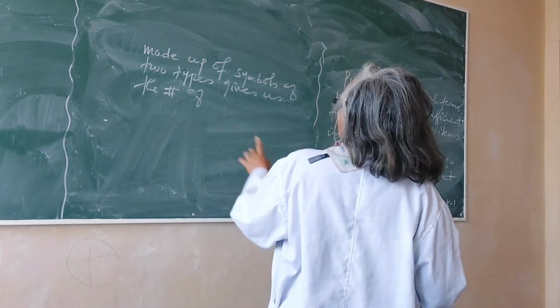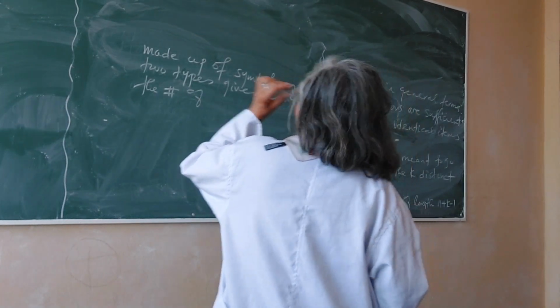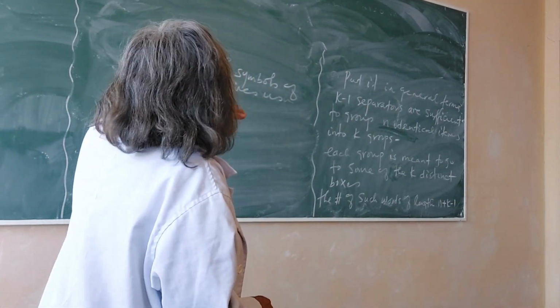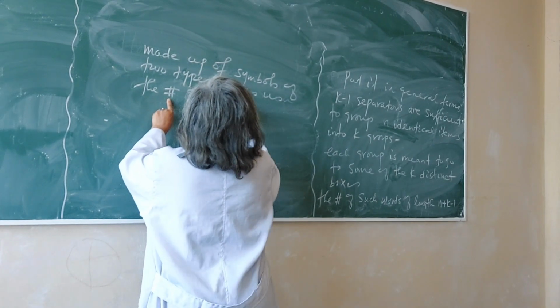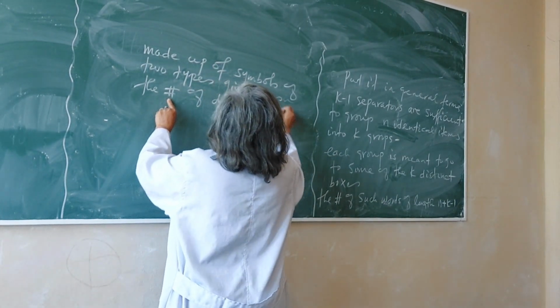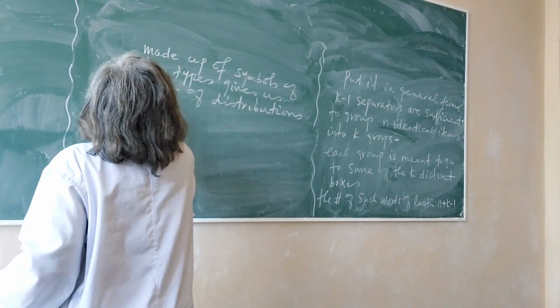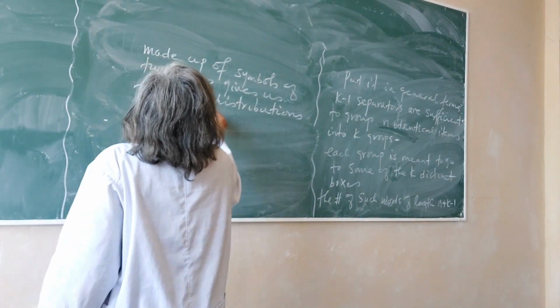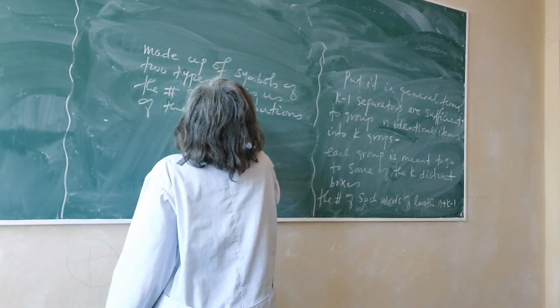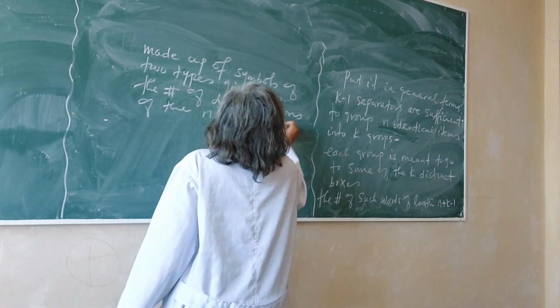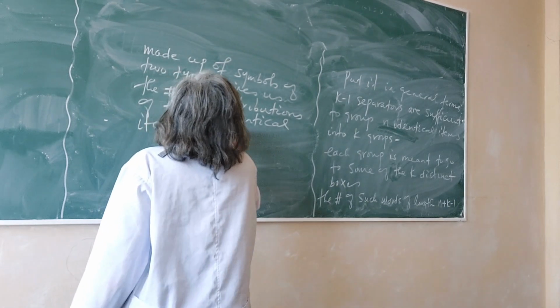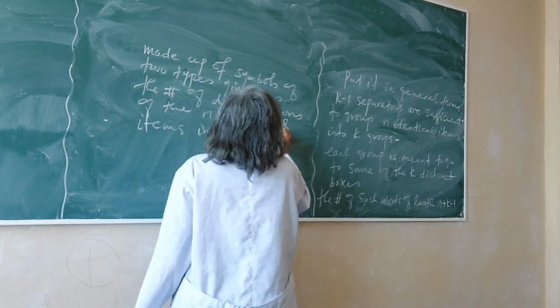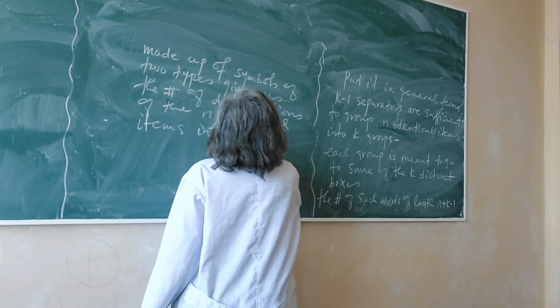Okay, so the number of types, 2 types, gives us the number of distributions of the n identical items into k groups, into k boxes.